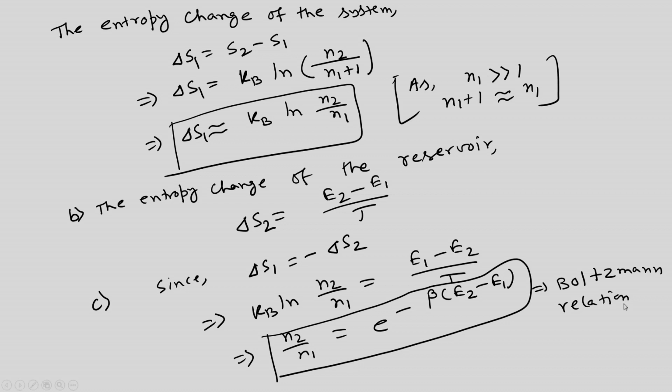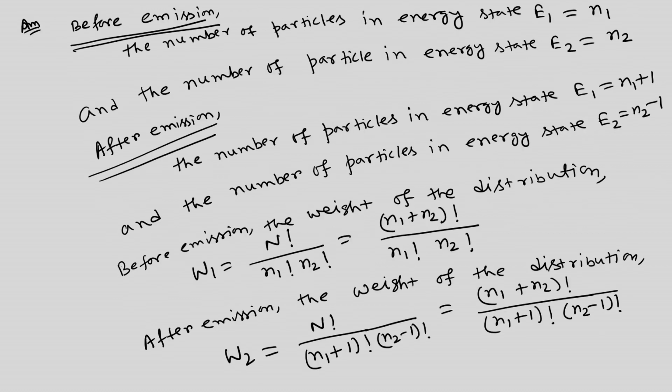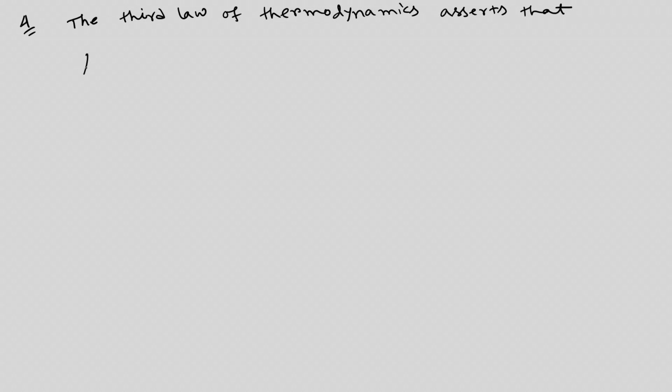Okay, so we discuss another problem here. Problem number 4: the third law of thermodynamics asserts that as T goes to 0, S goes to 0 for any macroscopic system.